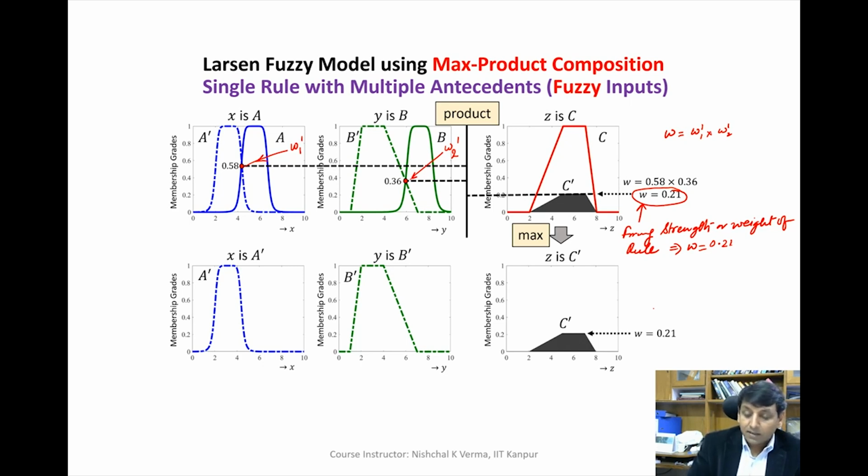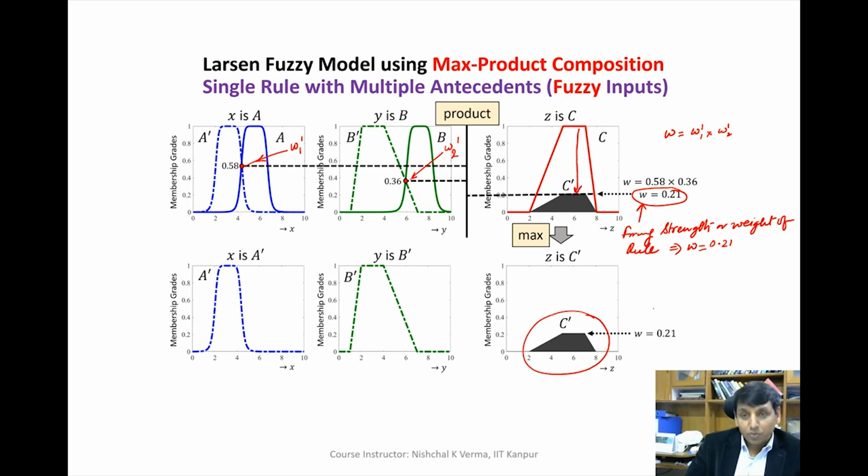And with this, now let us scale down the output. So when we scale down this to 0.21, what we are getting here is this output.